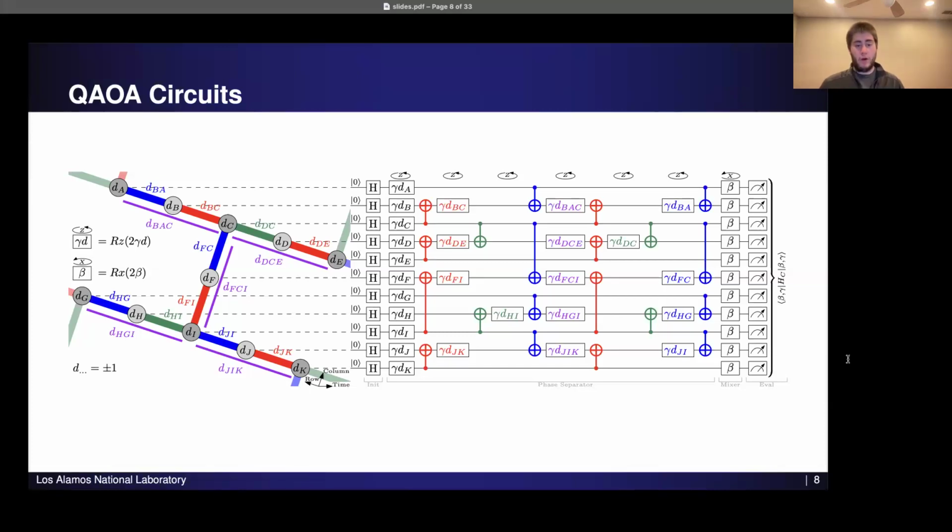So we actually have no overhead of CNOT gates, and CNOT gates usually are the gates that have higher error rate, and they also take longer to implement on the hardware. So this is a very nice optimization.